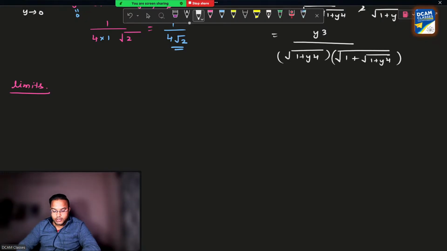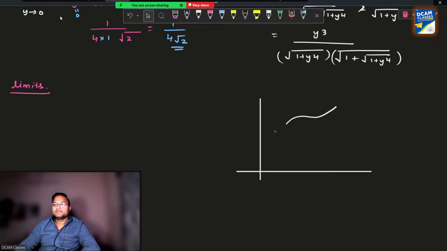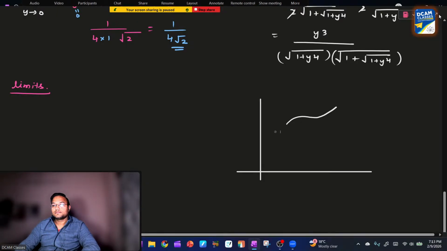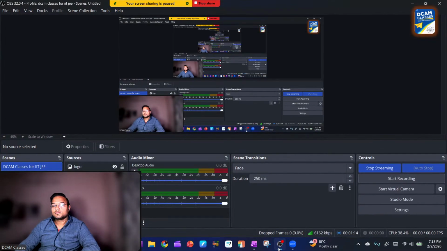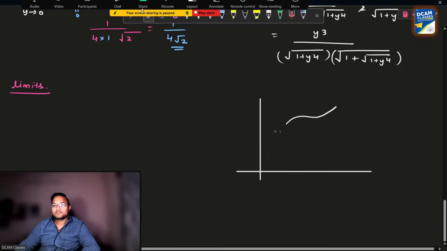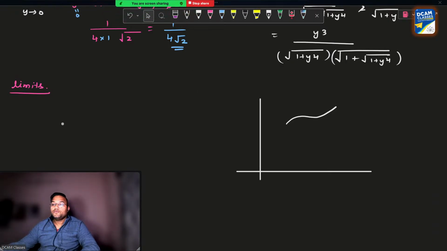See, actually limits, why we use the limits, you need to understand this one. Whenever we have a situation like this, there is a graph. What do we mean by limits?